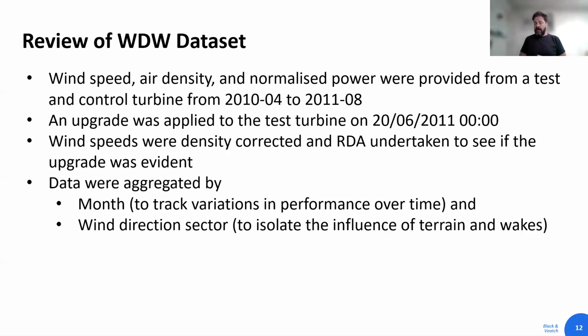And also I broke it down by wind direction sector, because I noticed that there are some directions where one turbine is obviously in the wake of another turbine, and other direction sectors where that's not the case. There are some direction sectors where there are not very many counts, not a lot of data, and other direction sectors corresponding to the prevailing wind direction where there's a high data count.